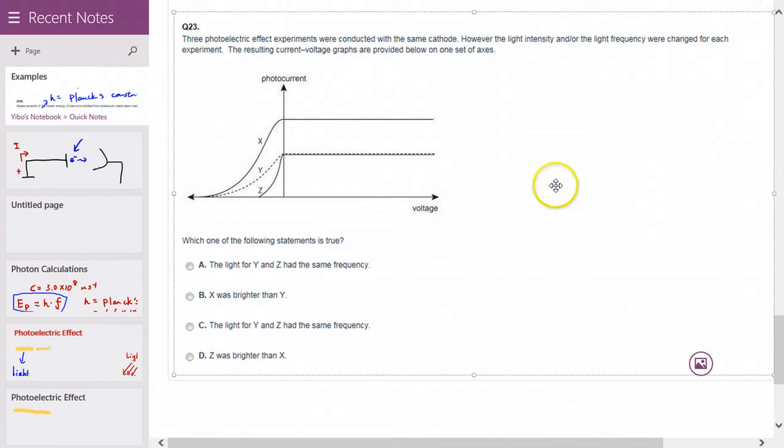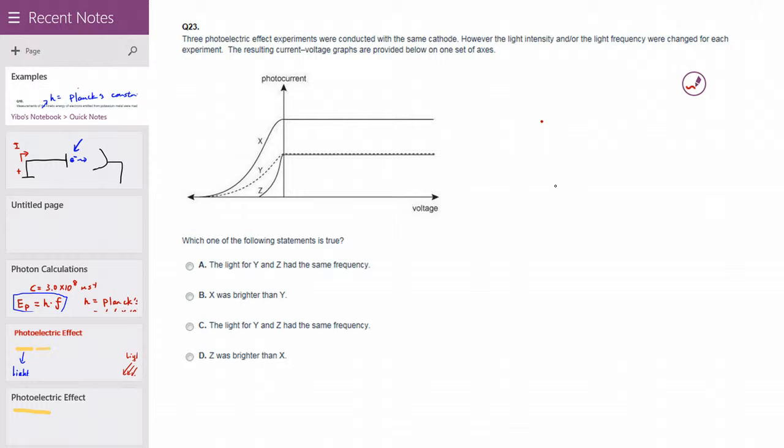Okay, the last example we have is this. I have the photoelectric experiment and I conducted it with X, Y, Z light. So what can I conclude about this light? If I have a look here, both X and Y have the same stopping voltage.